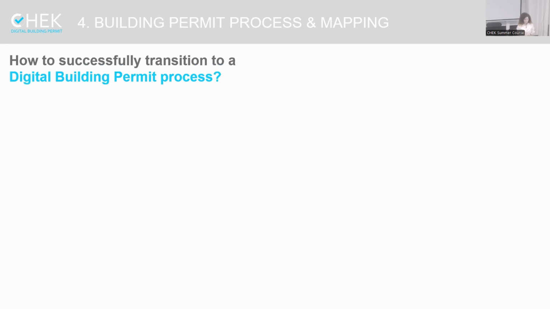So the next question is how to successfully transition to a digital building permit process. So digital building permit process, we all understand, right? It's a building permit process that is digital.